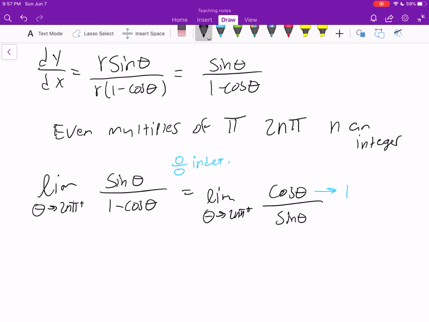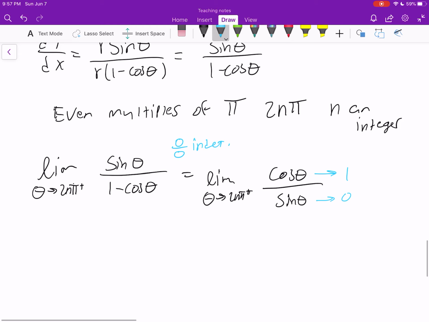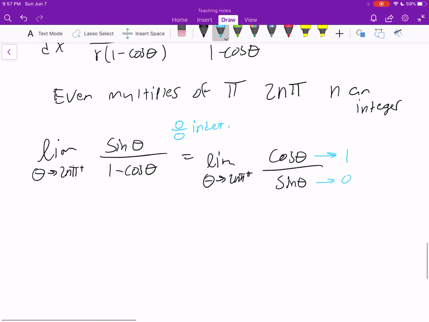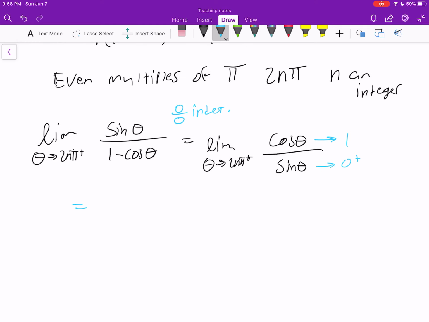Simple mistake. I'm sure somebody will comment before they see me correct this, but that's okay. Anyway, the top is going to 1, and the bottom is going to 0. So I have the numerator going to a number, and the denominator going to 0 from the right, because we're a little more than 2n pi. So this limit ends up being positive infinity.